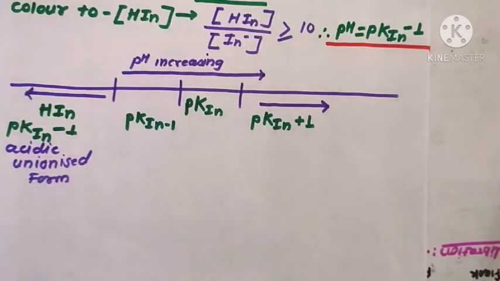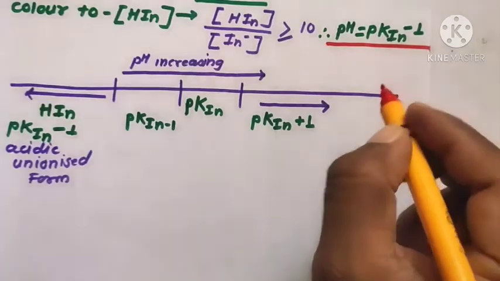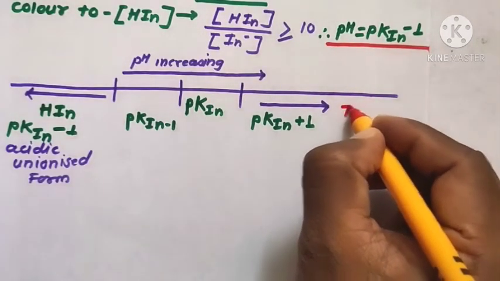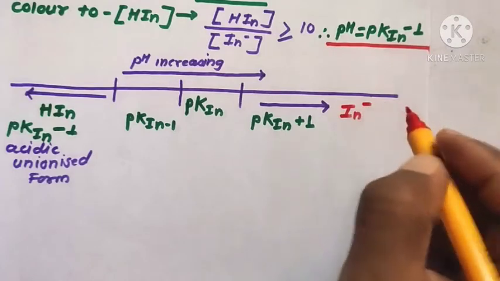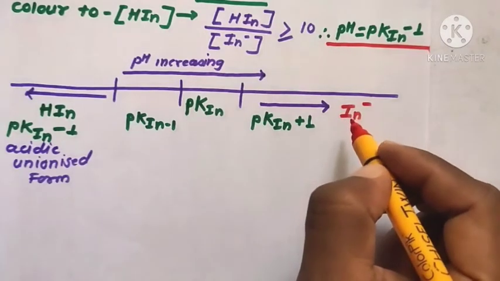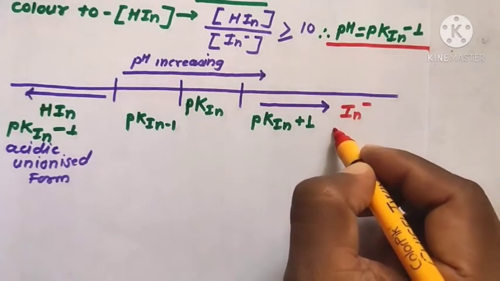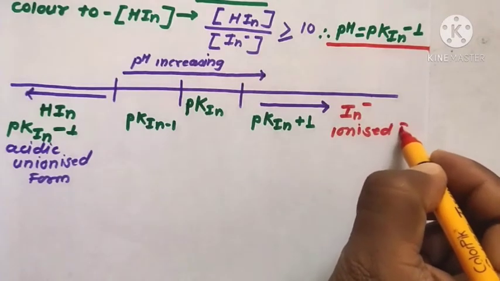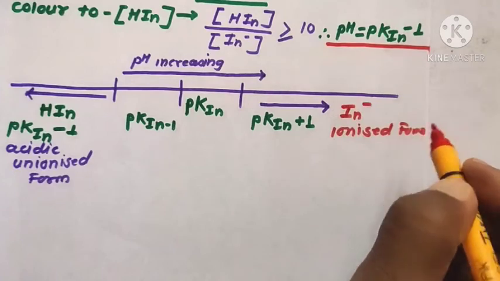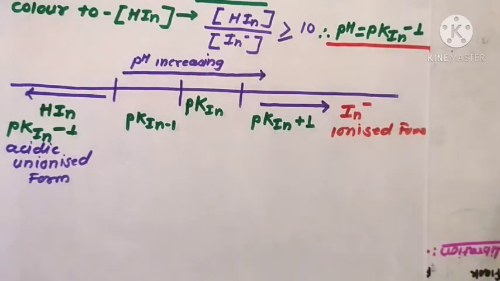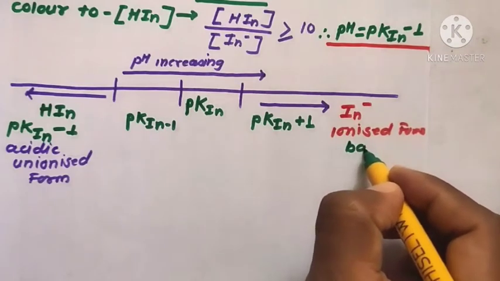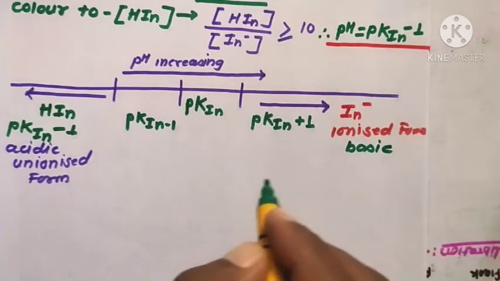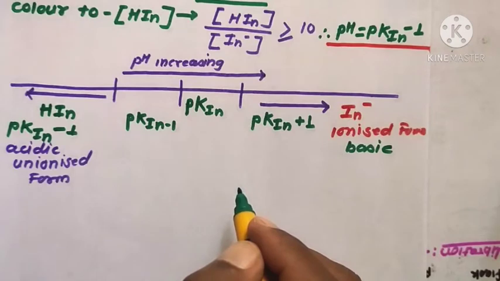Now the color due to In minus, that is the indicator minus ion, is also known as the ionized form of the indicator, or the basic form of the indicator.